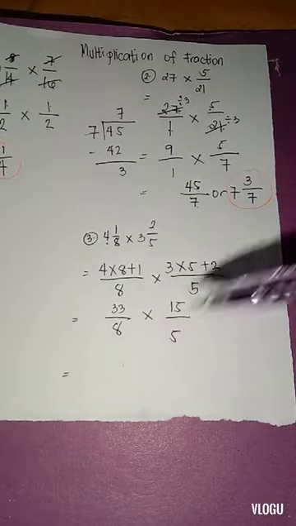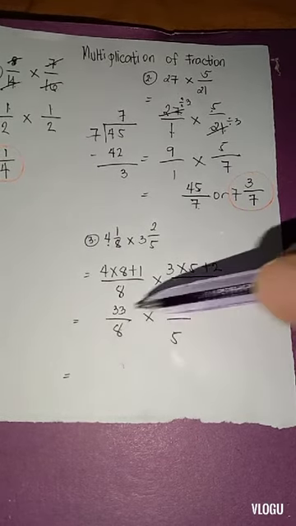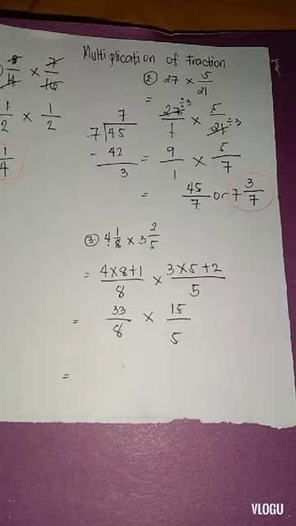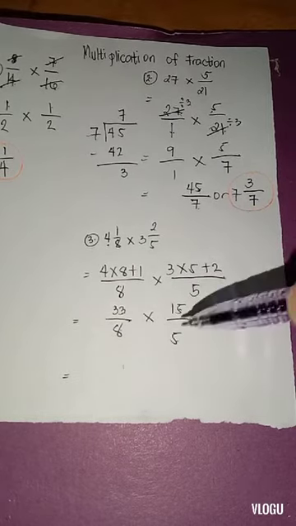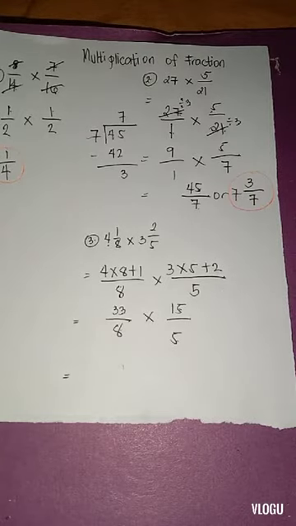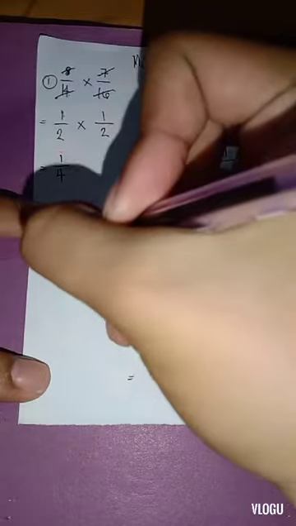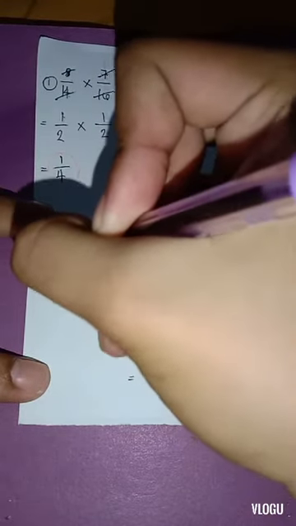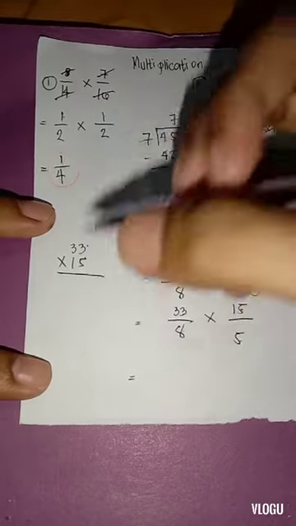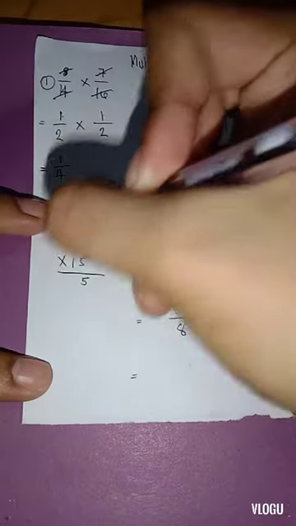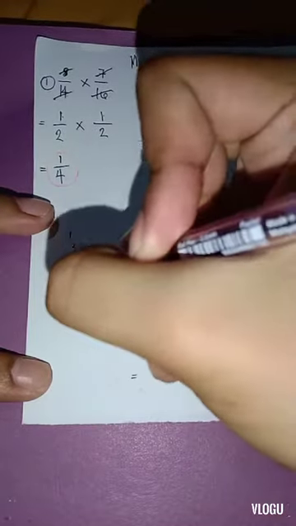Okay. So 15 and 8, so hindi siya pwede. And 33 and 5, hindi rin siya pwede. So therefore, i-multiply na natin sila. So 33 times 15. So papakita ko dito. So 33 times 15. So 5 times 3, we have 15. Carry 1. 5 times 3 is 15 plus 1 is 16.